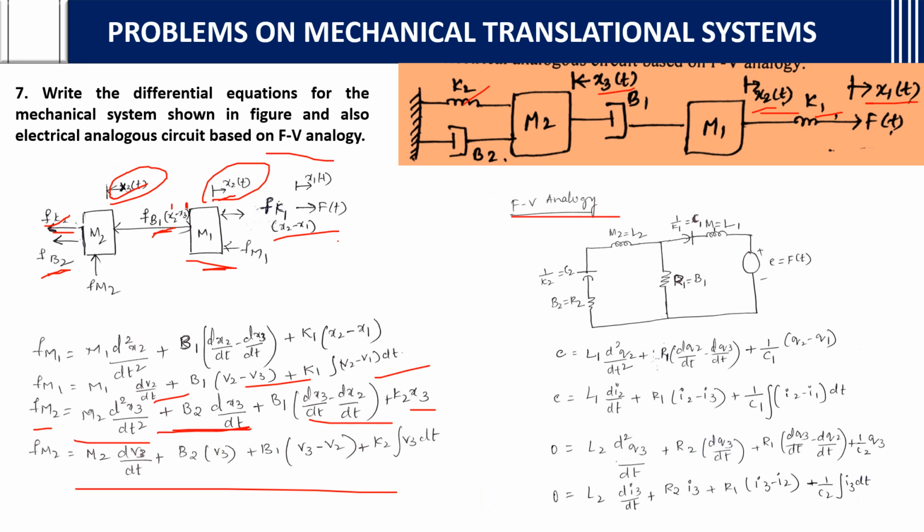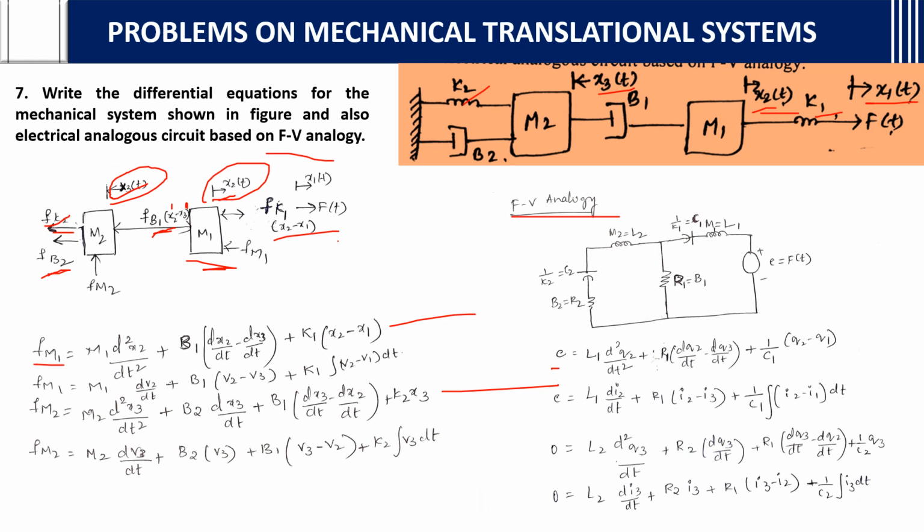Force voltage analogy, what will we do? We have two equations, for F_M1 and for F_M2. Both equations need to be converted into the force voltage analogy in the electrical system. First, in the force voltage analogy, the left hand side F_M will become E. E is equal to, M1 will become L1, B1 will become R1 and K1 will become 1 by C1.